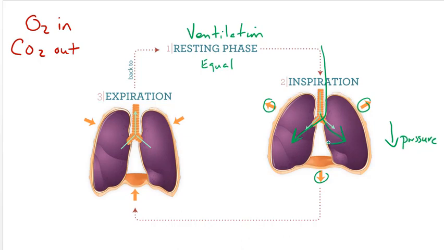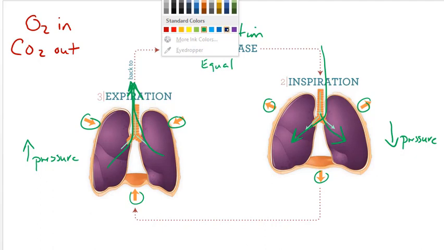Now, sensors in the lungs send a signal to the brain when the lungs are adequately inflated and the nervous stimulus stops. The muscles relax, the chest falls back to its normal dimensions, this increases intrathoracic pressure, and air is forced out. Then we enter another resting phase. This cycle will continue millions of times over the course of our lives.